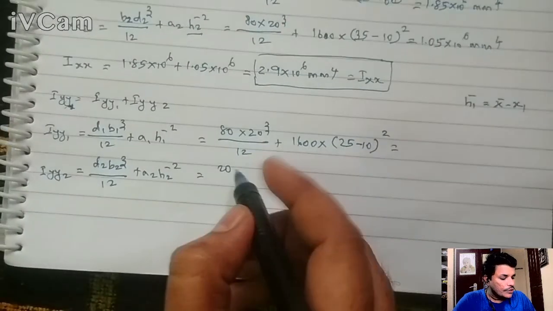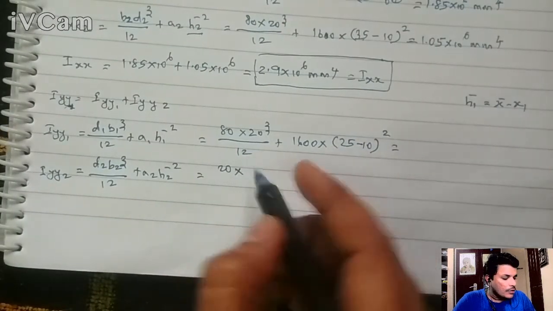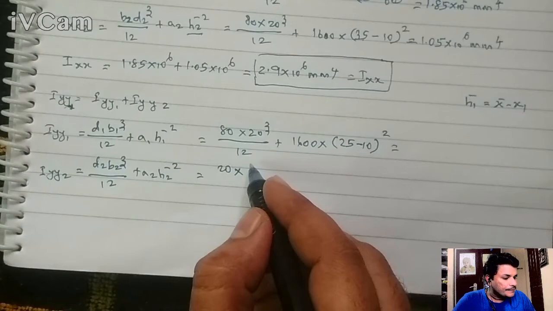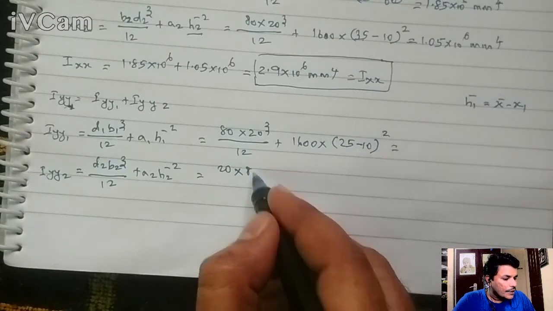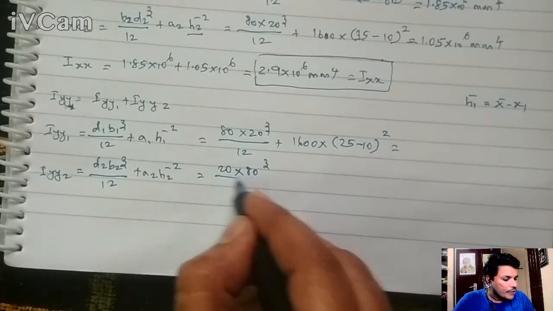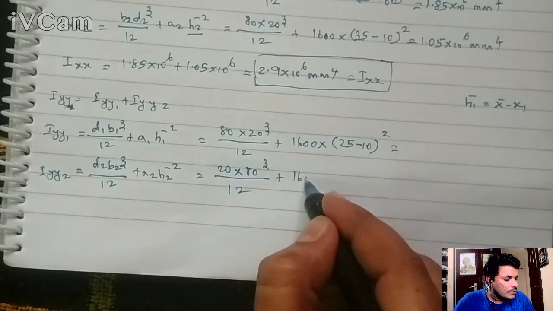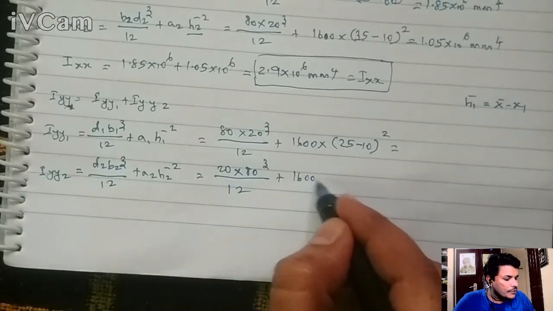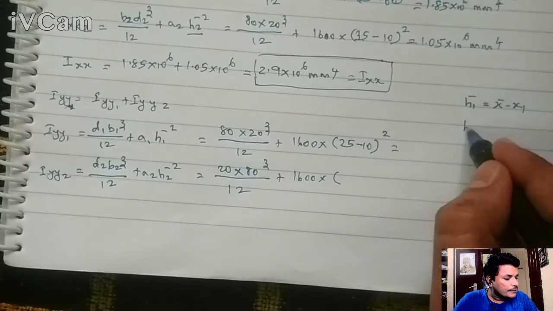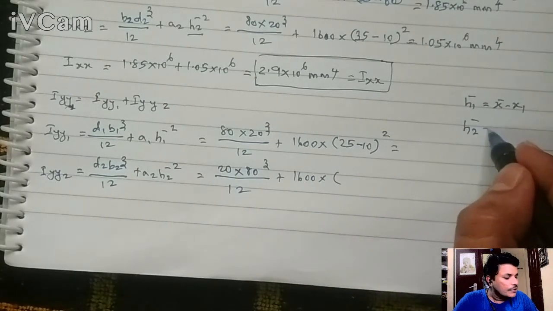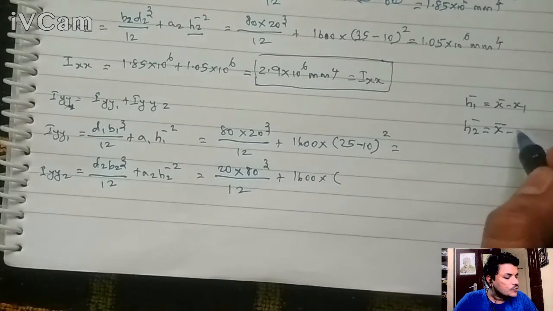So d2, 20, by b2, 80 cube, divided by 12, plus a2, 1600, into h2 bar, which is equal to x bar minus x2.